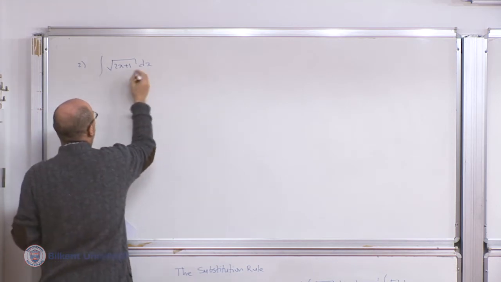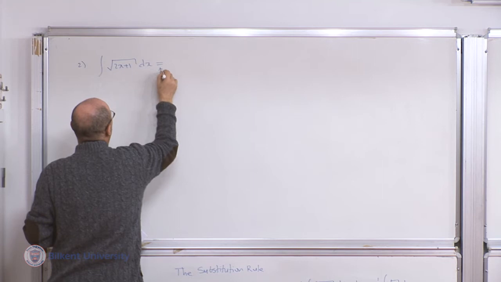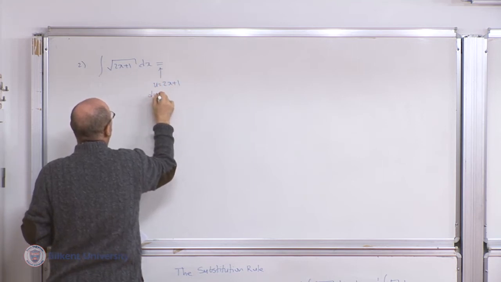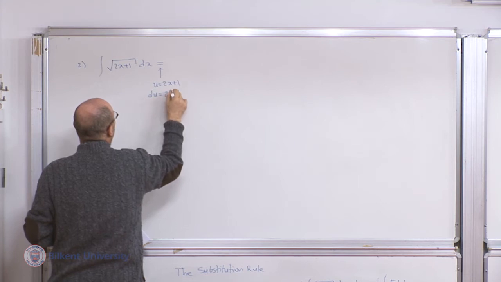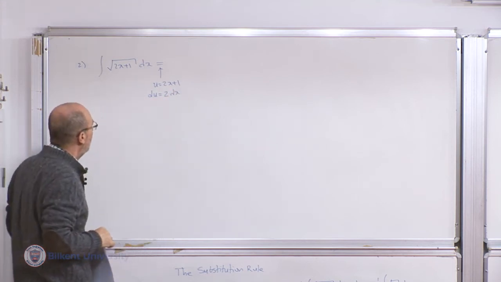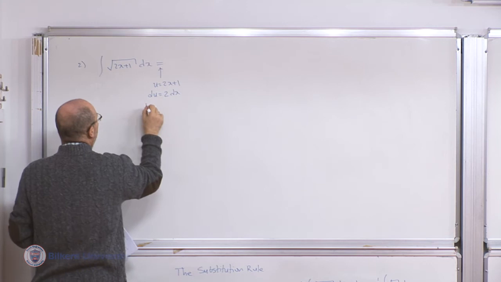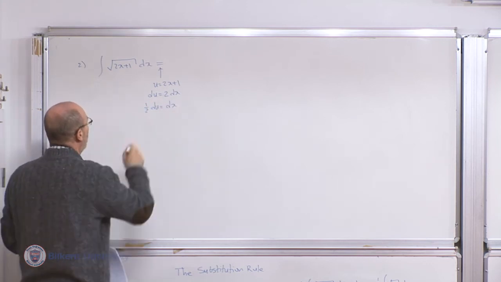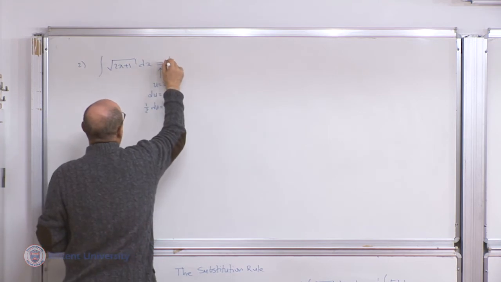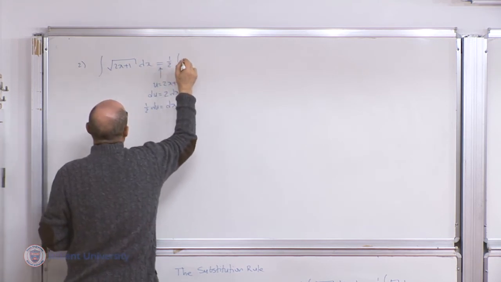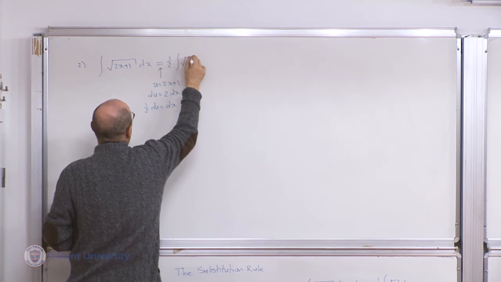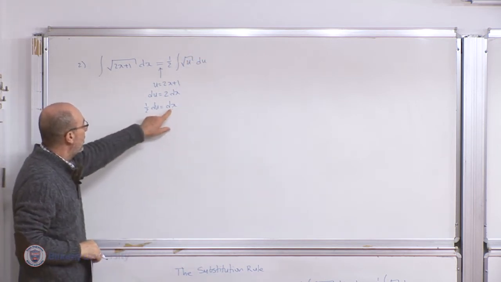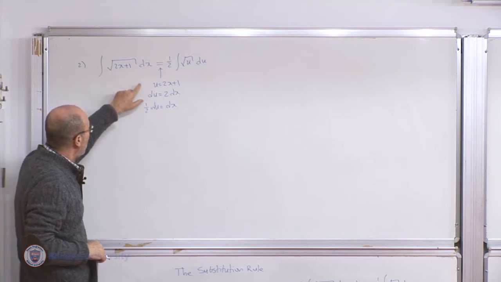We put this thing as u equals 2x plus 1. du is equal to 2 dx. I don't have 2 dx. 1 over 2 du is dx. So 1 over 2 square root of u du. So dx is substituted by this.